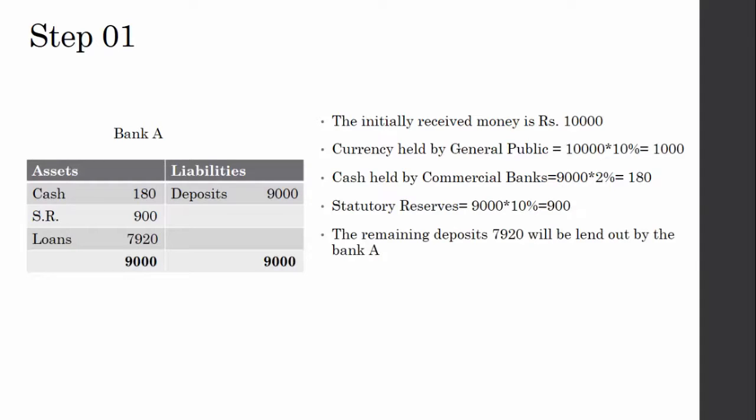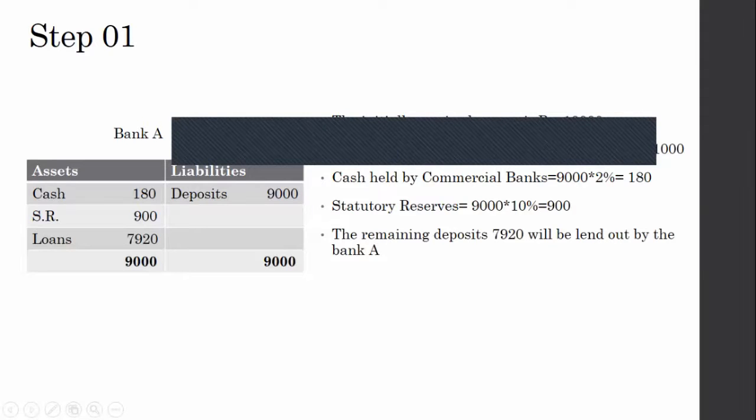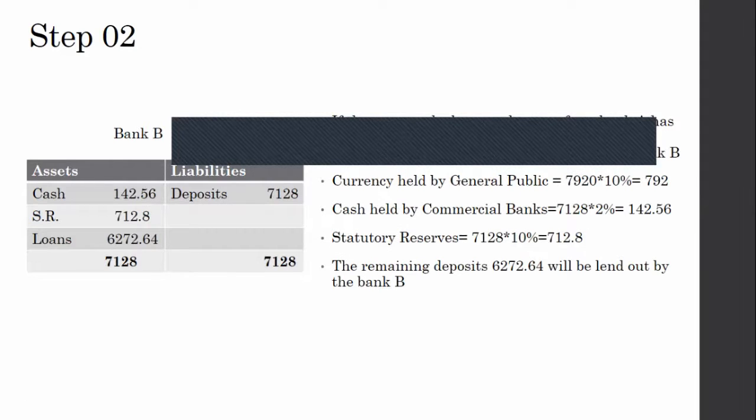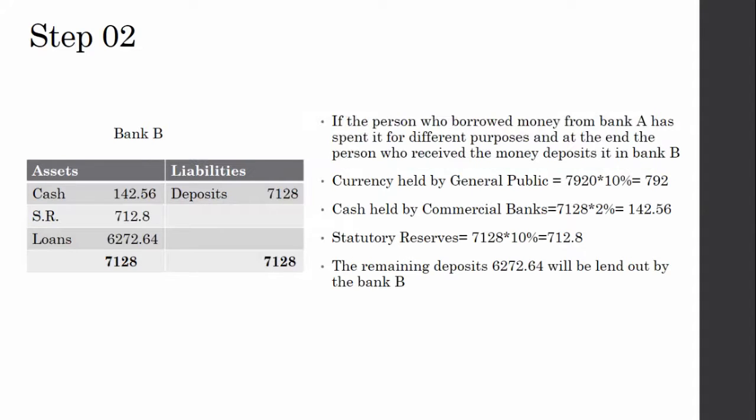Now we are going to talk about this loan issued by Bank A, 7,920. In step 2, let's say the person who borrowed the money from Bank A has spent it for different purposes, and at the end the person who received the money deposited it in Bank B. Now 7,920 worth of money is with the public.